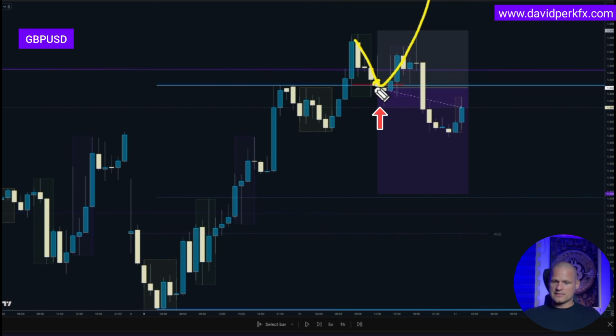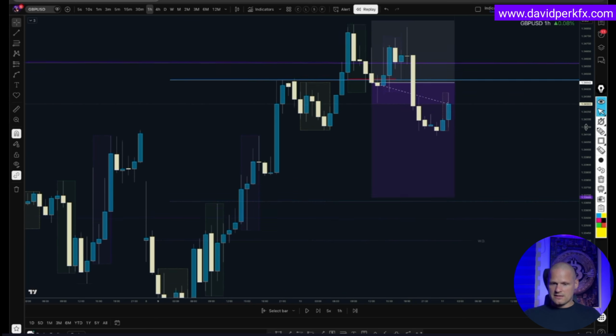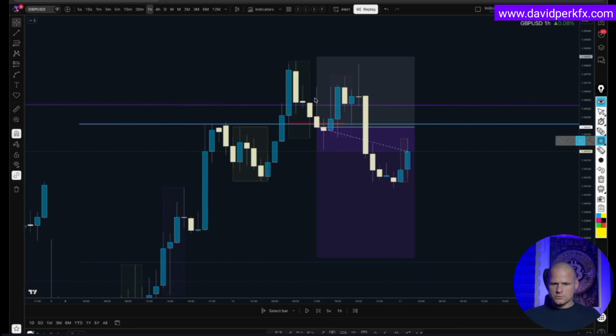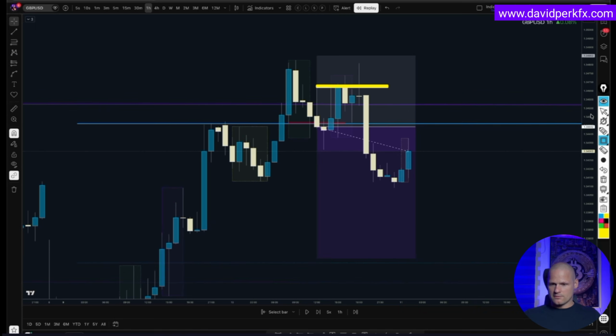So another trader has entered in here, right? And probably some more have been entering in here, and then the price starts to fall down and goes against them, right? So this is where we entered, and then what has been happening in here is this. During the New York session, the price went a bit above this mid session, so basically this 1 hour candle in here, and then it started to drop lower, right?